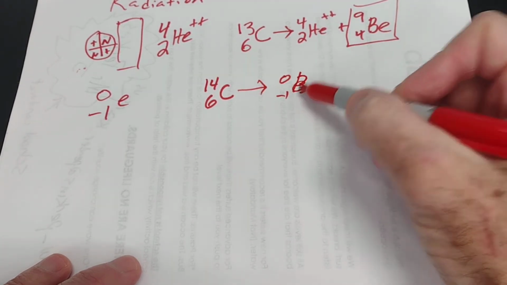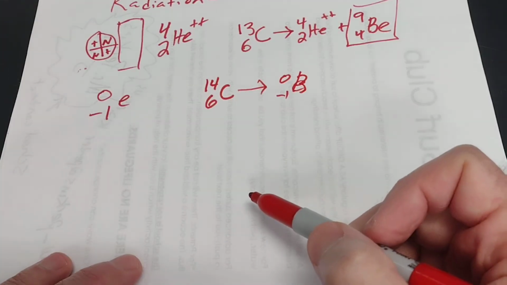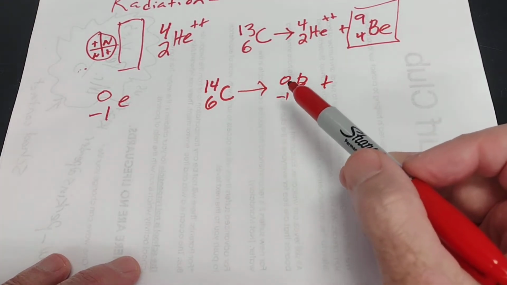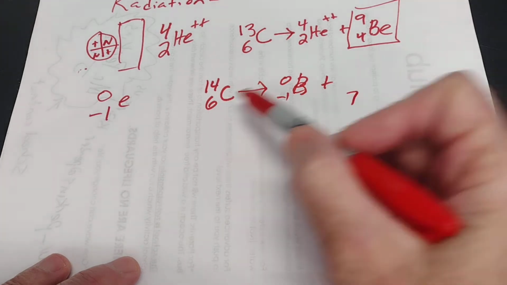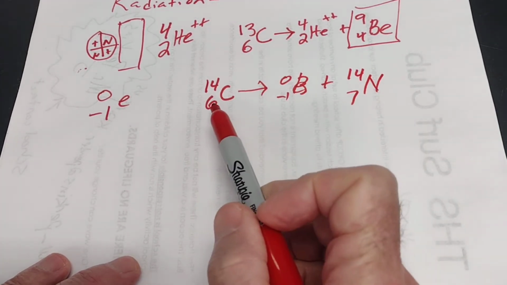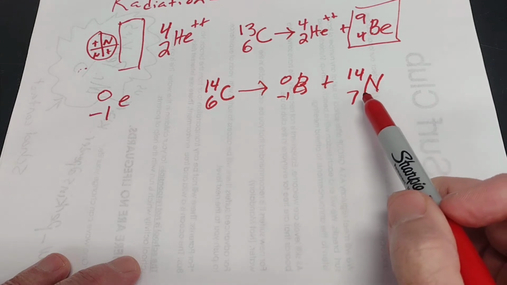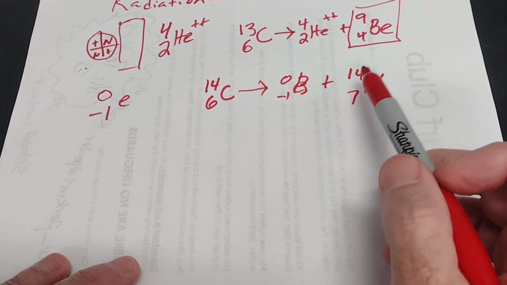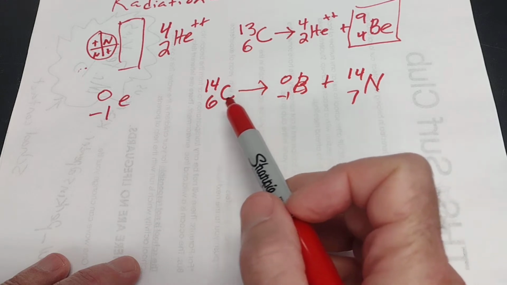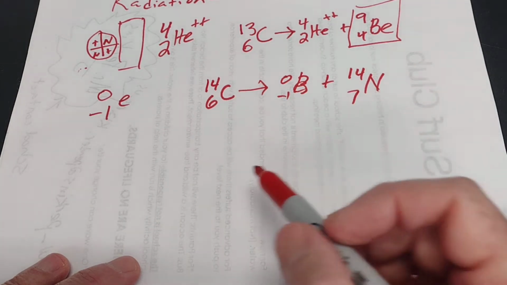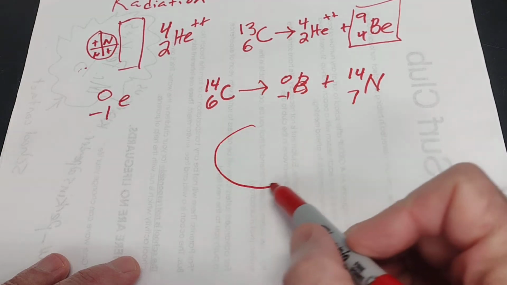You can write a B here instead of an E if you want to. It gives off a beta particle. And then we say 6 minus -1, that's 7. 14 minus 0 is 14. The beta decay of carbon-14 makes nitrogen-14. Notice in beta decay, the mass doesn't change, and the atomic number actually goes up. So that's beta decay.